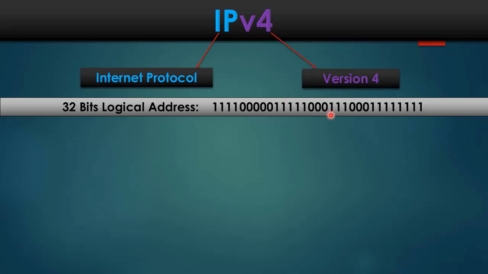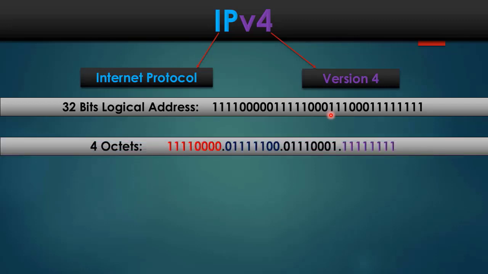It contains 4 octets. The word octet is derived from octal, which means 8. So, IP version 4 contains 4 octets, and in one octet there are 8 binary bits. The octets are separated by a full stop.